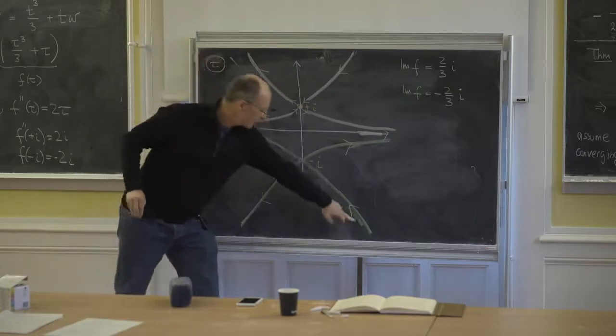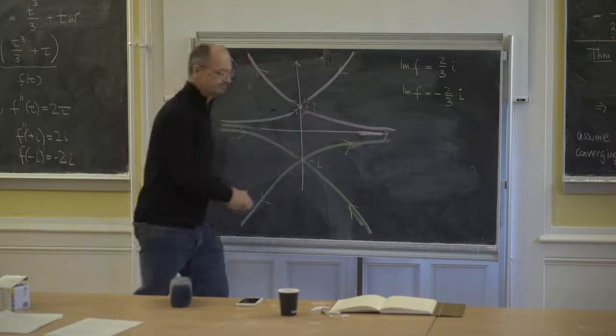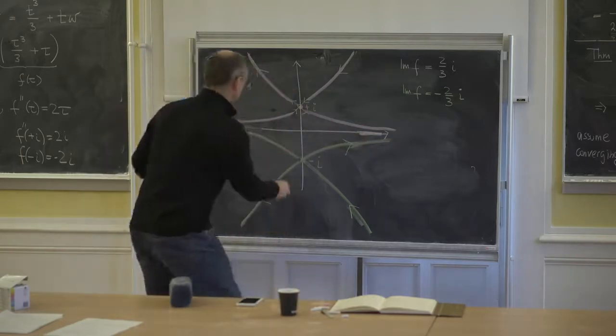So on this line it's a maximum of the real part, on that line it's a minimum. So that's how it goes.